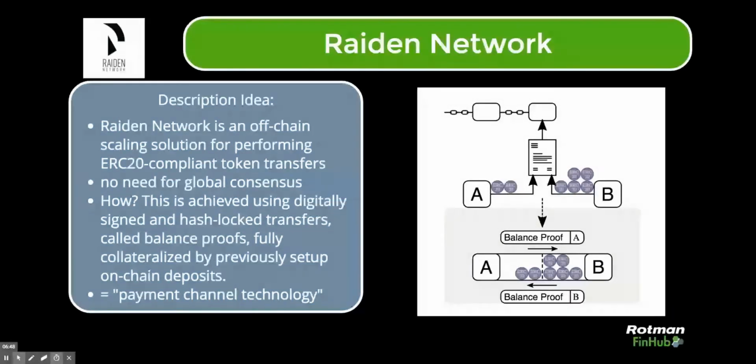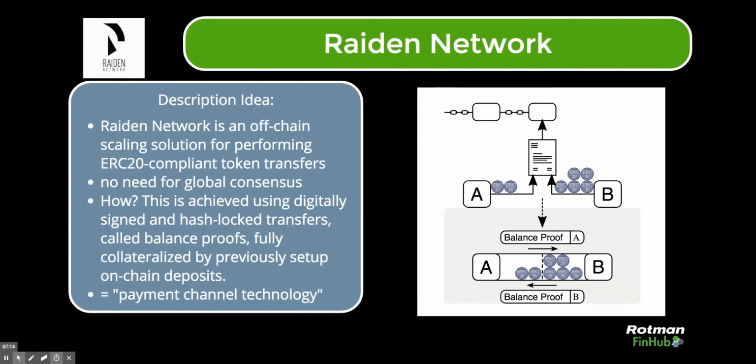Now, the way it usually works is that two parties take a contract, they sign a contract, and they put money into a contract, and then they interact with one another by sharing messages and sending messages back and forth. And when they're done interacting, they are just settling the final trade on the Ethereum blockchain.